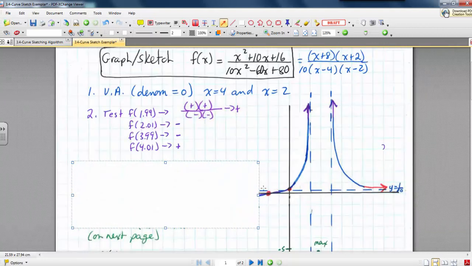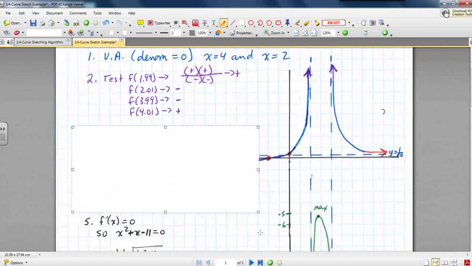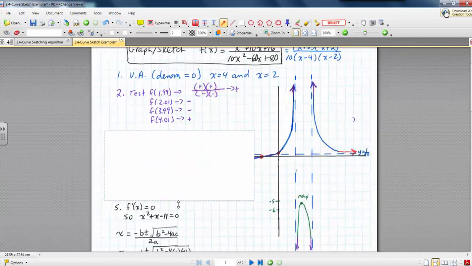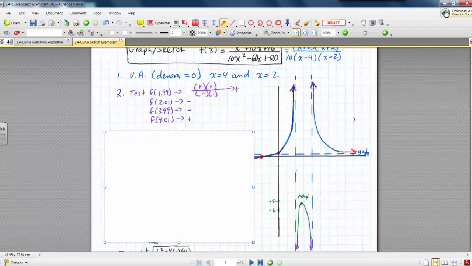And so in this section of the graph, I've got my little arrows going up here in purple, and then down here and down here in purple. Again, they don't necessarily show up the best, but that's what I've got at those 2 points.